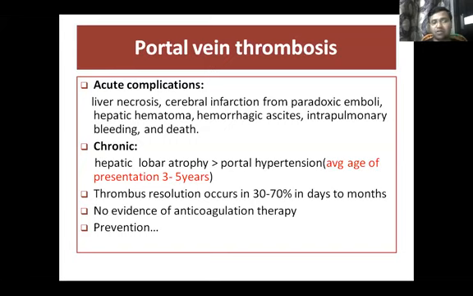Most resolve, in 30 to 70% of cases, and it takes days to months. Actually, there is no evidence to start anticoagulation therapy, and prevention is the best: fewer UVCs, proper position, and whenever not required, please remove early.